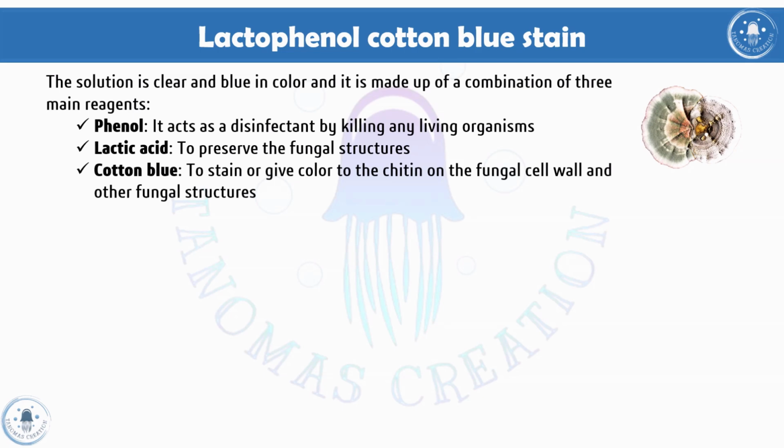All three reagents have different functions. Phenol acts as a disinfectant by killing any living organisms. Lactic acid preserves the fungal structure from being distorted, and the cotton blue gives color to the chitin present in the cell wall and also to other fungal structures.